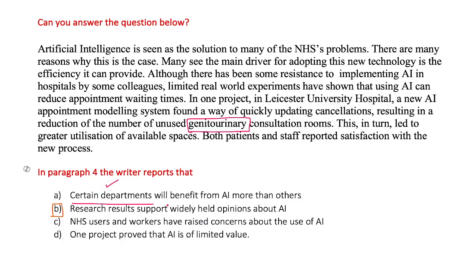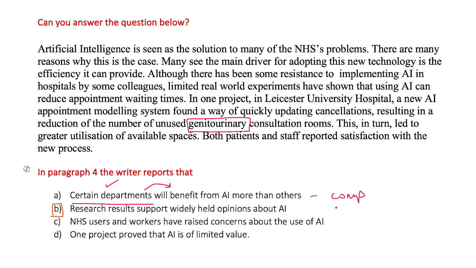But the way to think about reading Part C is the options. Some of it may match, but part of it might not. So I need to know about this. Certain departments will benefit from AI more than others. So there is a comparison here. Now, my first question to you is, how many other departments are there in this text?